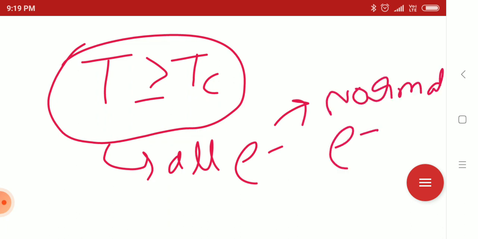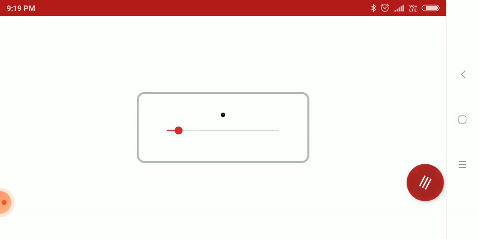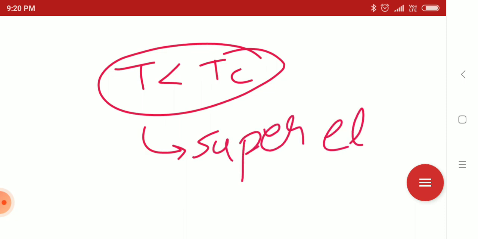Whenever temperature is greater than or equal to the transition temperature Tc, all electrons behave like normal electrons. And whenever temperature is less than Tc, electrons behave like super electrons.